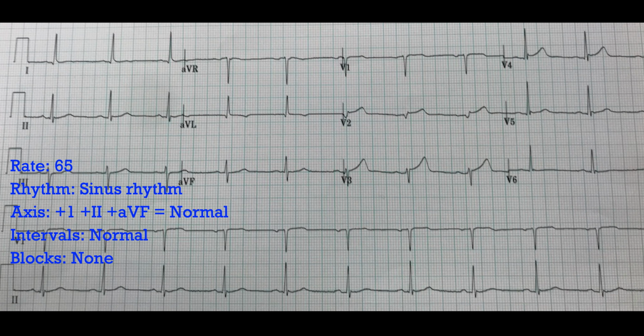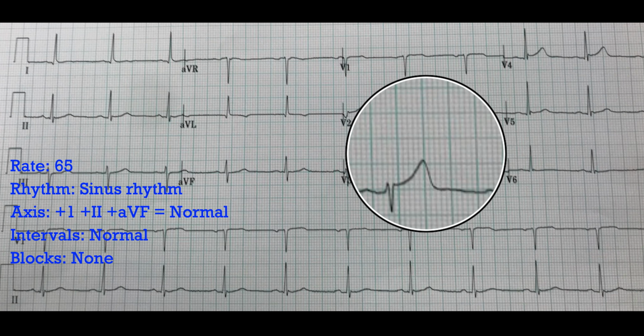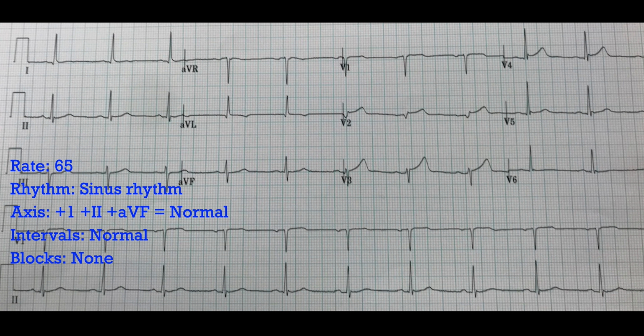We have no obvious ST depression out in the lateral leads. To run through this, where is it going to be located? It's located in the septal leads, like V2, V3, maybe a little bit V4, so getting into the anterior leads as well.